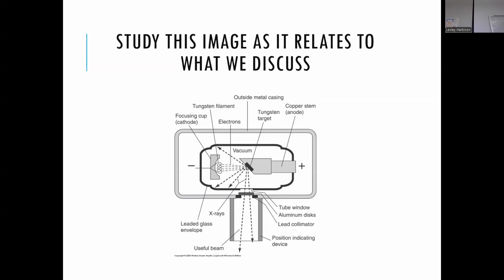It heats up and ultimately produces the electrons we need, and it's made out of tungsten, which is able to get really, really hot. So on that side, we have our focusing cup, the tungsten filament, and the e with the arrow. That's where we generate all the electrons that we need.